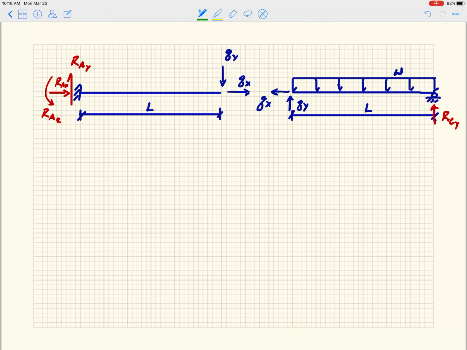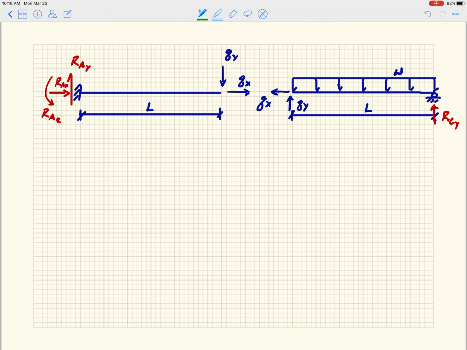So let me draw this guy, looks like that, and this guy looks like that. So here we've got our structure on the right, and then on the left we've got this guy here, WL over 2, WL squared over 2.